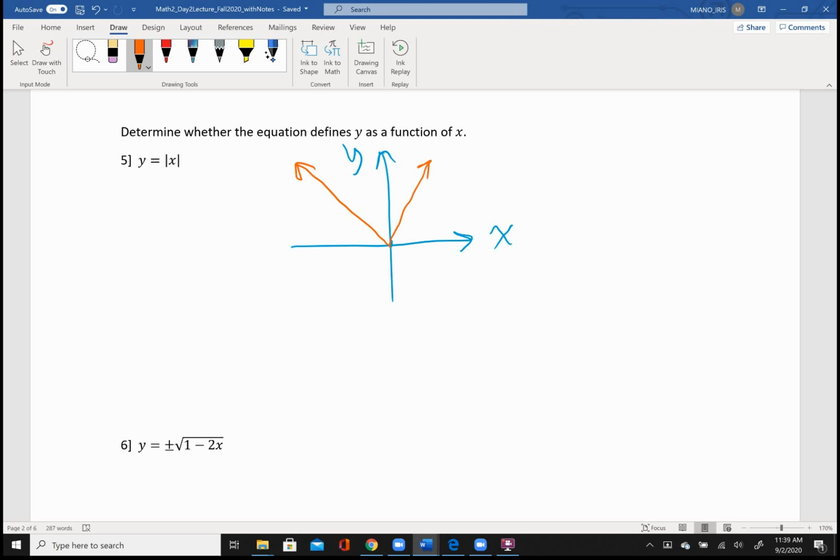Like for instance, if x is -2 or if x is +2, the output is going to be +2 no matter what. So we would say, yes, this is a function. Always a single output for each input.